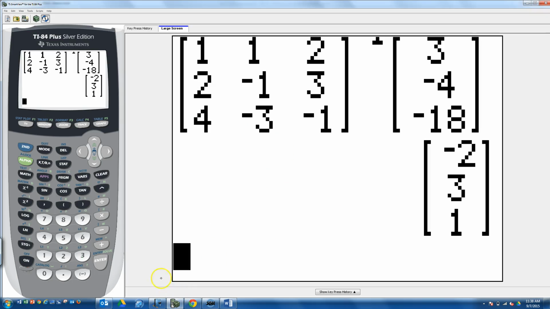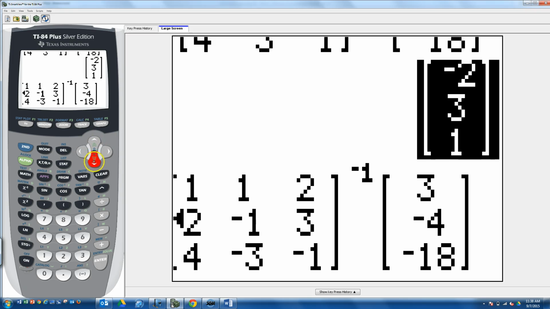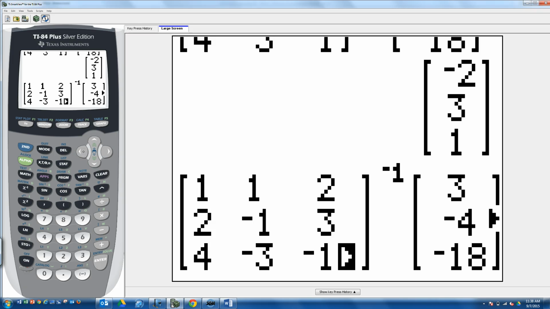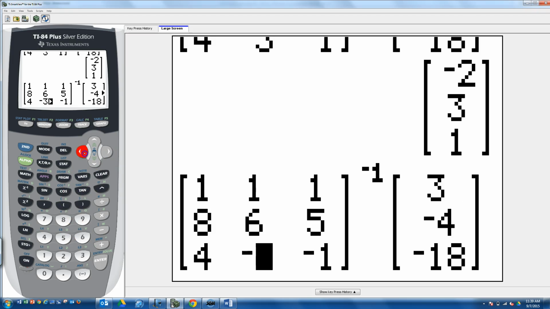So if I do that in my calculator again, I'm going to hit second enter because I just did a 3 by 3, so it brings it back up. The top one is 1, 1, 1. So that 2 just needs to turn into a 1. Then we have 8, and then 6, and then 5, and then we have 1, 0, and I think it's negative 2.